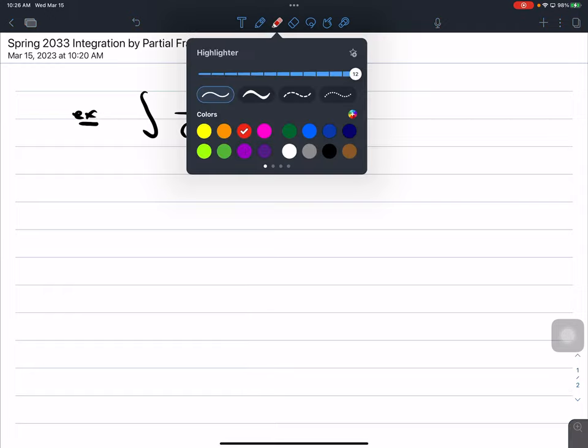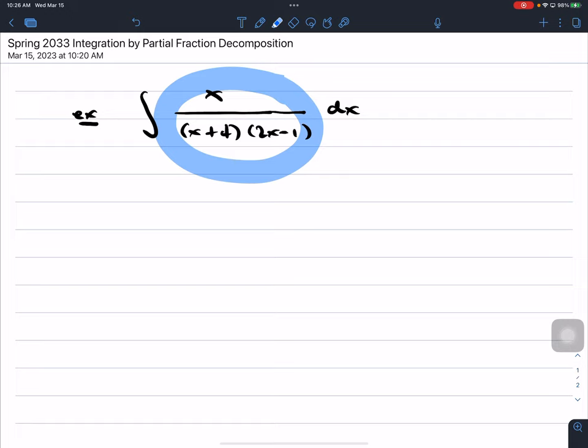And you have here a rational function. Okay, so this is already factored though. So you might say, okay, good, we already have it factored. If it's factored for you, then be happy about that.